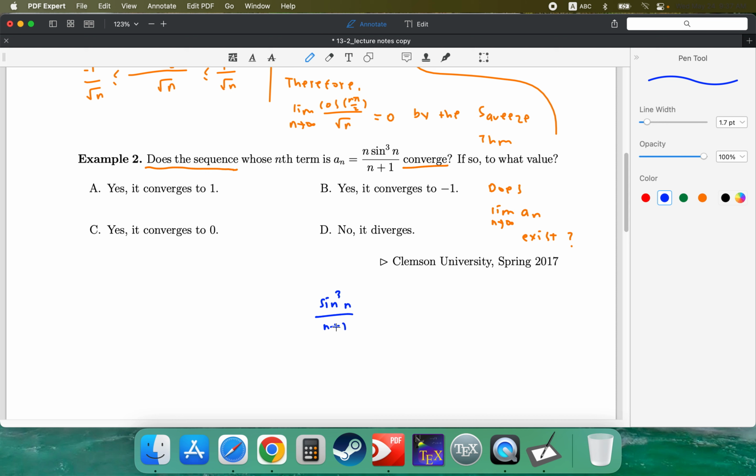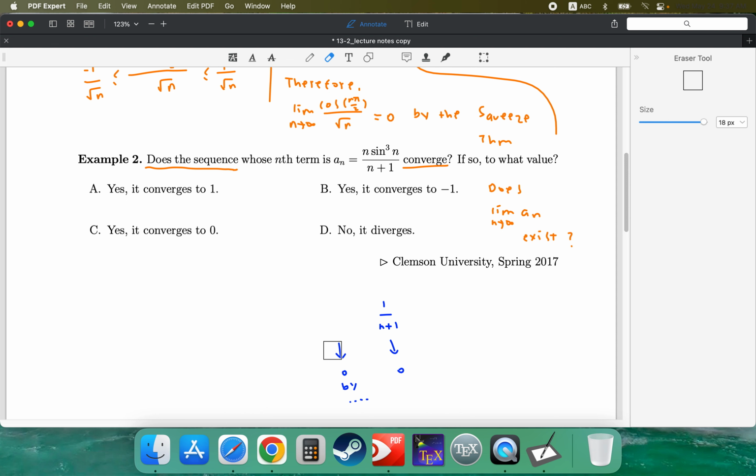Then yes, this is a Squeeze theorem problem because this will be between positive 1 over n plus 1 and negative 1 over n plus 1. And since both go to 0, this will go to 0 by the Squeeze theorem. Now unfortunately we have an n on top, so we will need to take care of this problem in a different way.